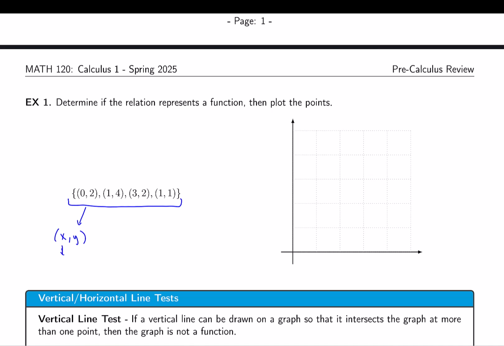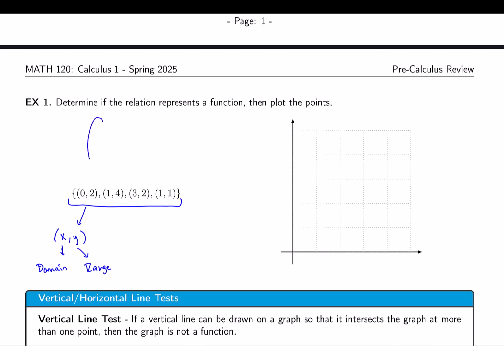You have a piece of data that comes first, and that comes from the domain of your function. Then you have a piece of data that comes next, which defines the range of your function. Now, it's not just each individual coordinate pair that's doing this. It's all of them together.